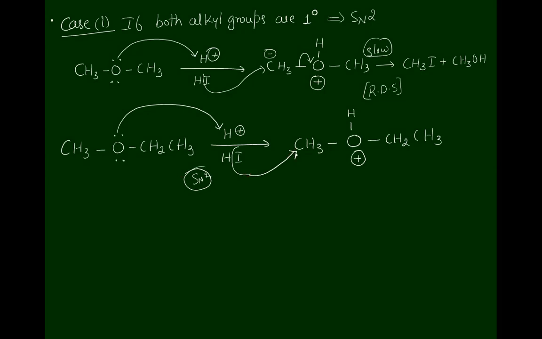Or simply keep in mind that I minus always attacks the carbon chain which contains fewer carbon atoms. Now these electrons come here and we get the final product CH3I plus CH3CH2OH.